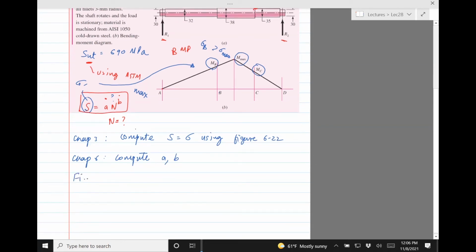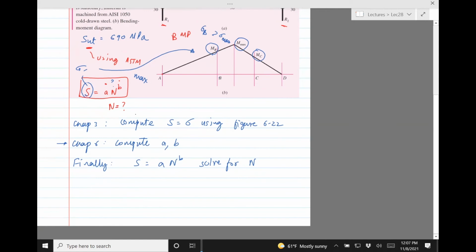And then finally, we'll combine the two and solve for N. Okay, so let's proceed. Let's just do this part first. It seems like the most straightforward part, A and B, since it's fresh in our minds.